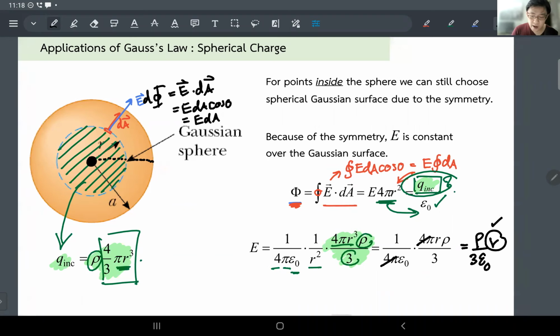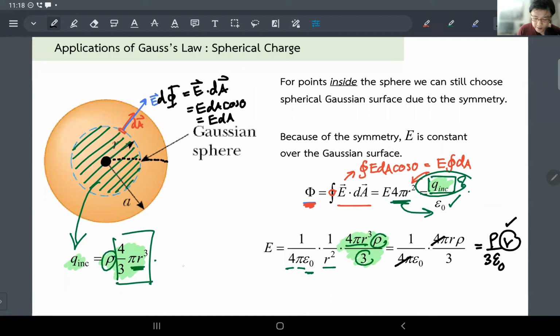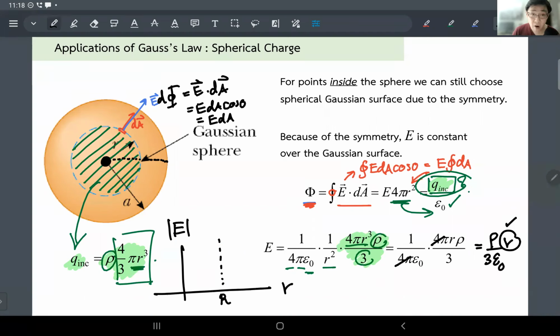Cool. So if I draw the graph between the strength of the electric field and the radius from the center of the ball, it will go something like this. This is the capital R, the size of the ball. Inside the ball, the electric field starts from 0 and gets stronger and stronger.